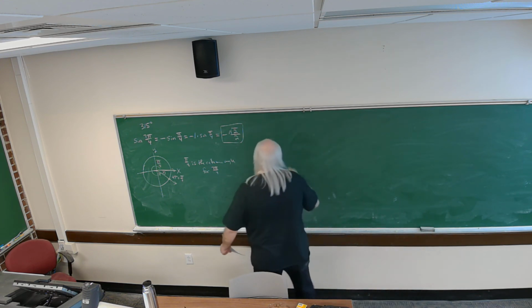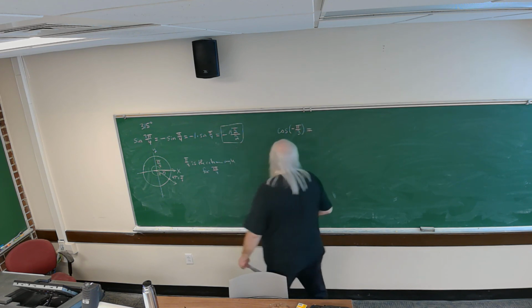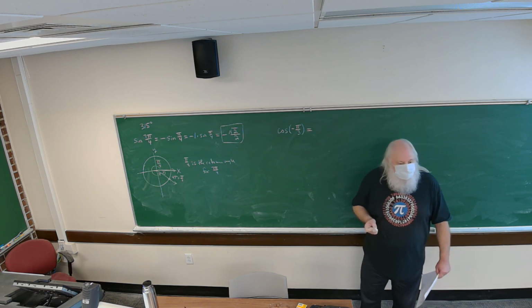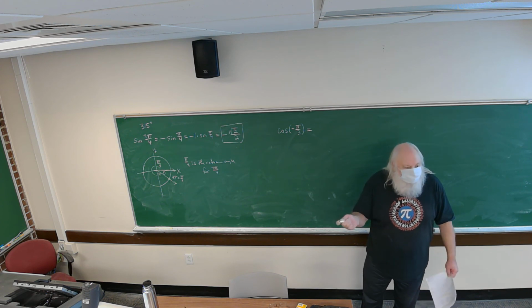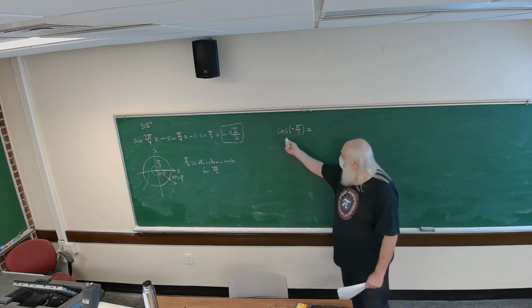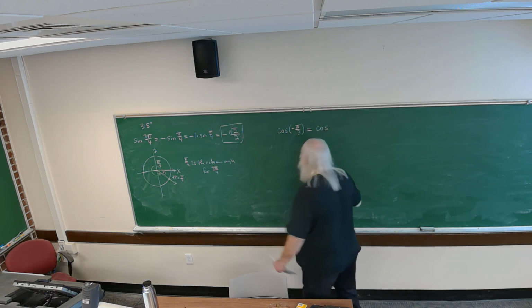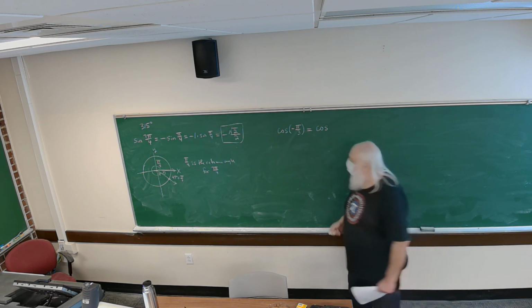Cosine of minus pi over 3. Now, that's a negative angle, right? Is cosine an even function or an odd function? We just talked about it. It's even. So the cosine of minus pi over 3 radians is the same as the cosine of pi over 3 radians.